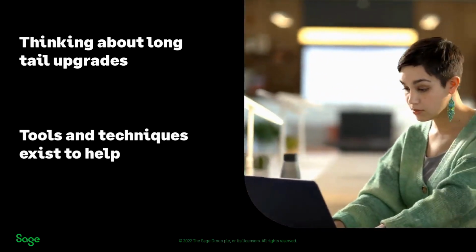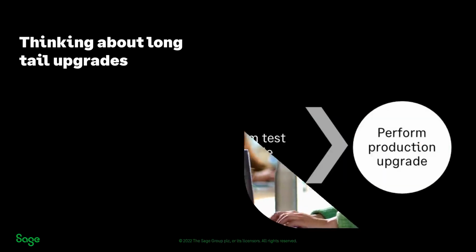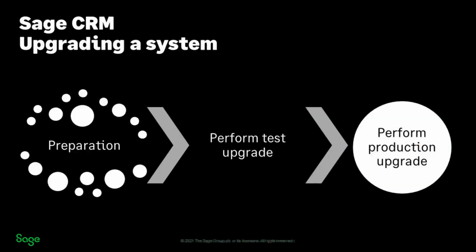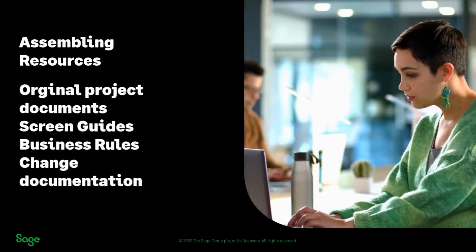Now, in an ideal world, there'll be a full service history of a customer implementation. That, in an ideal world, you'd have a full set of documentation about what the original system was like. That's the initial project documents. These should exist.